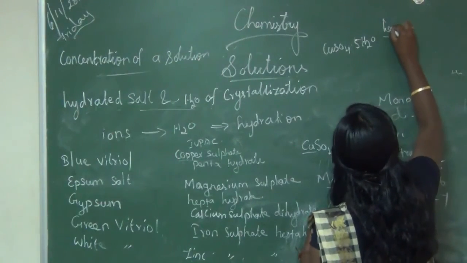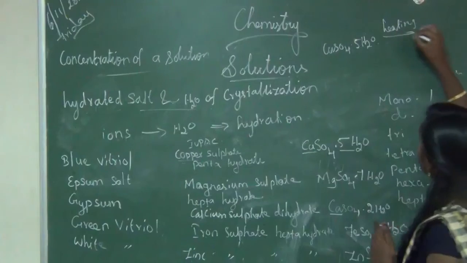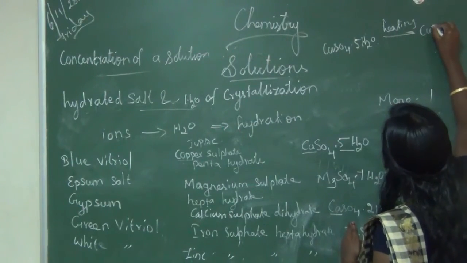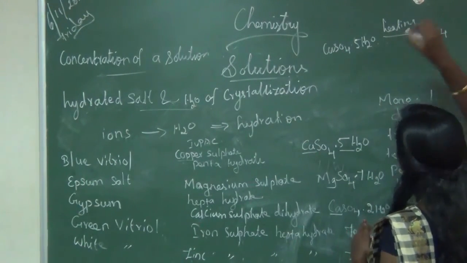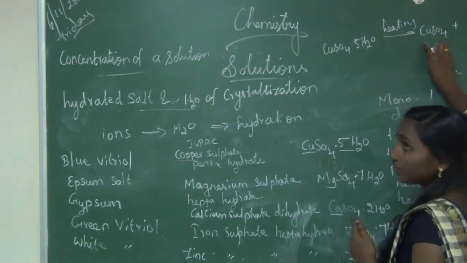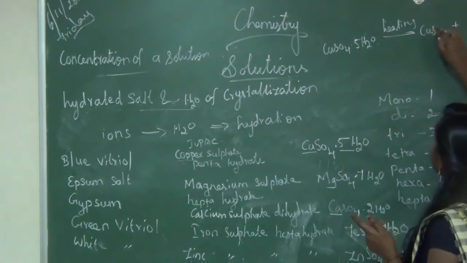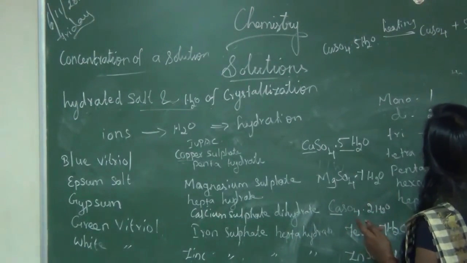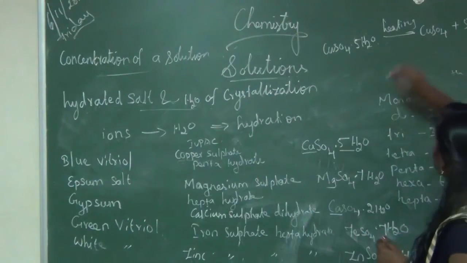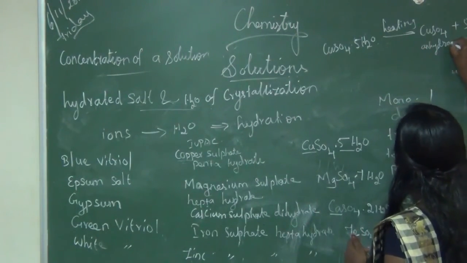On heating, it loses its water molecules, right? So it forms amorphous copper sulfate, that means powdered copper sulfate. It is white in color, and it has lost its water molecules.